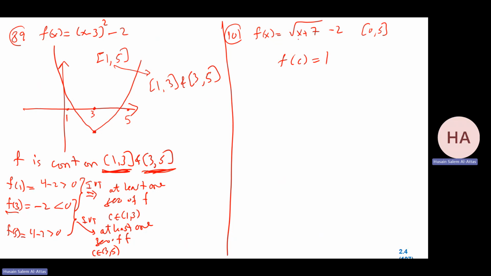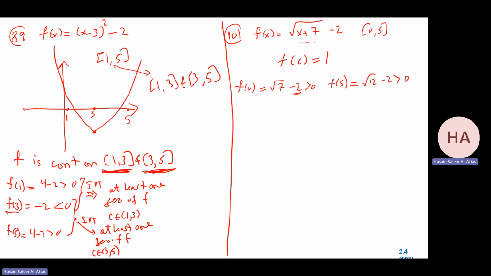At 0, it gives me square root of 7 minus 2. At 5, it gives me, look, f at 0 is what? Square root of 7 minus 2. This is square root of 4, so this is positive. f of 5 equals what? Square root of 12 minus 2, which is positive.